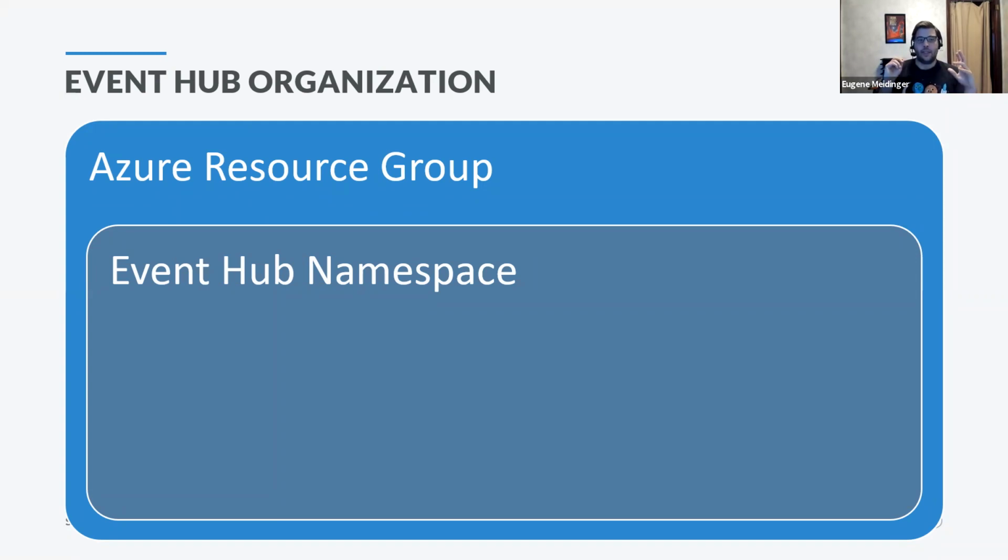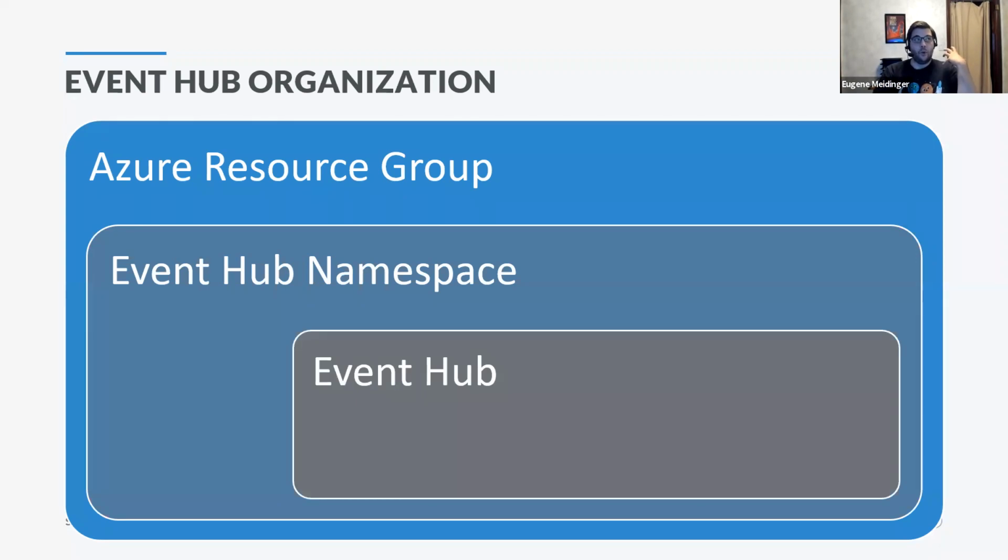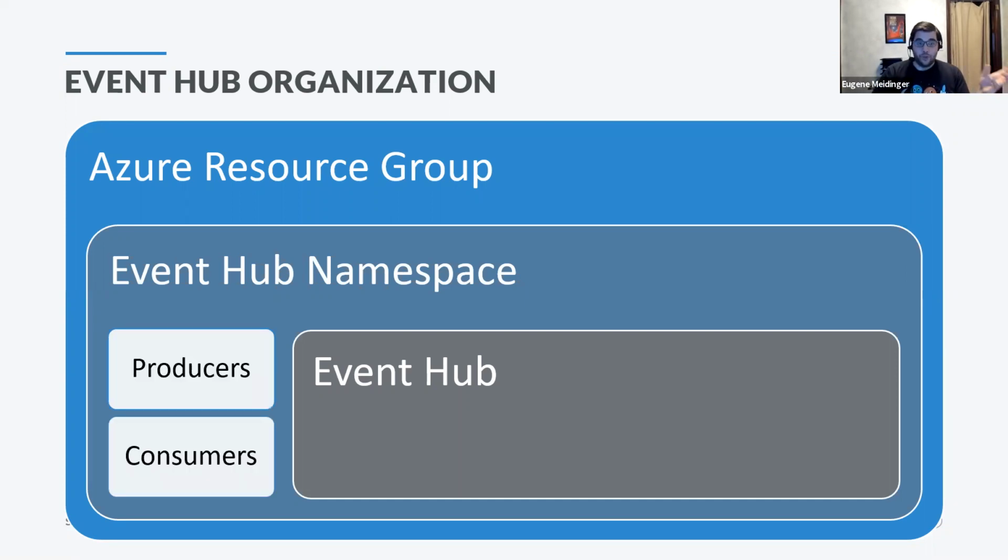It's an endpoint. It's where you're going to point your programs to talk to your event hubs. And it's a container because it holds your event hubs and it holds settings for them that are applied at a group level. Related to a namespace, you're going to have producers and consumers.